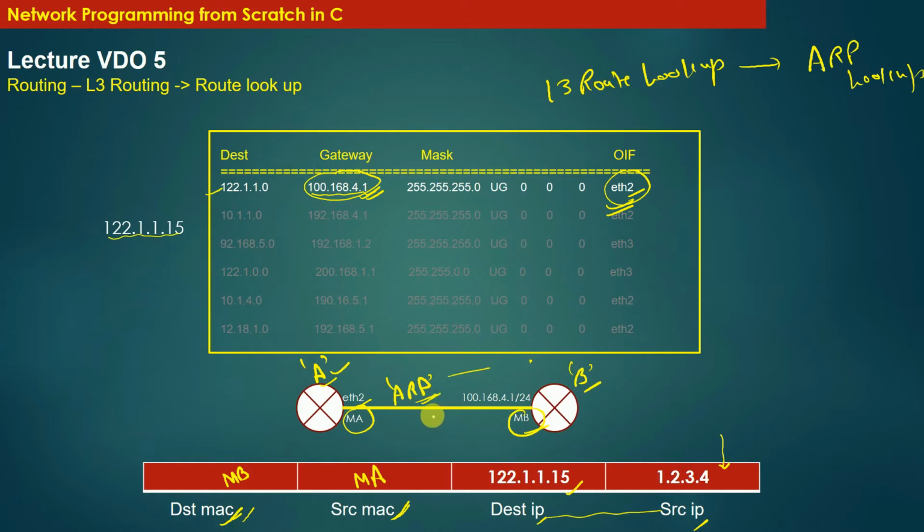If there was an entry in the ARP cache of router A regarding the mapping of 100.168.4.1 and the MAC address of this IP address, which is MB, then router A would have simply picked up the MAC address MB from its ARP table and populated the destination MAC address of the packet. So this is how L3 route lookup happens.